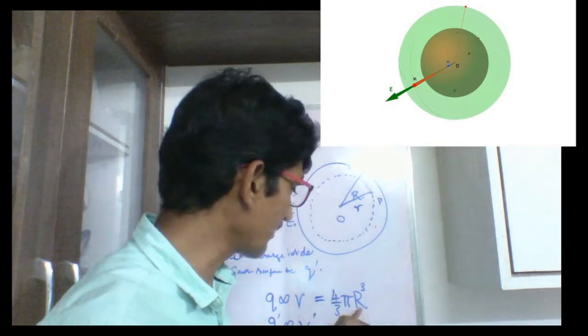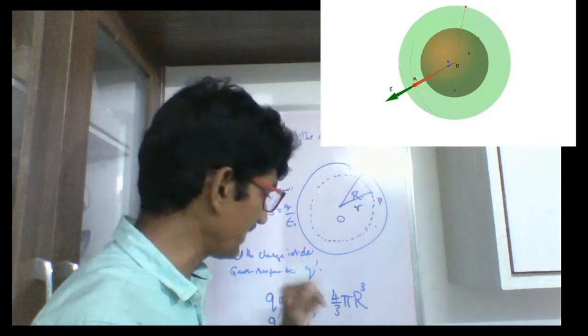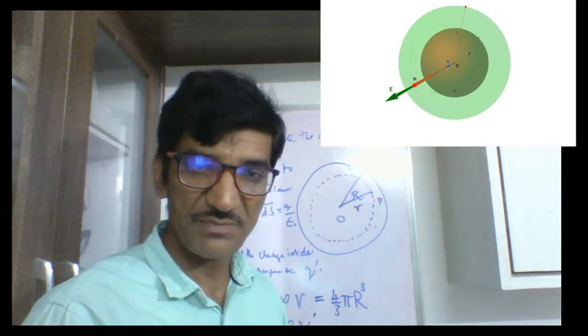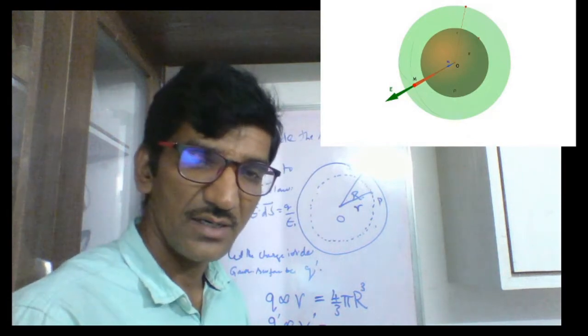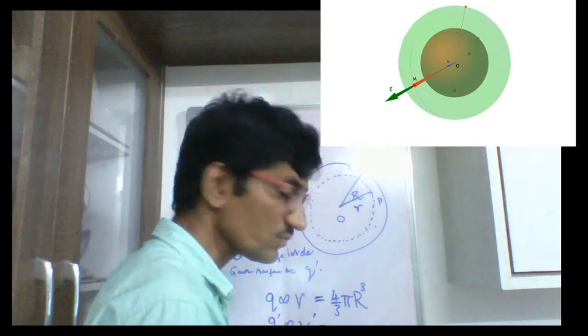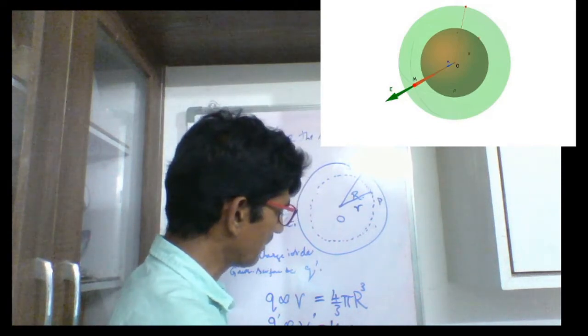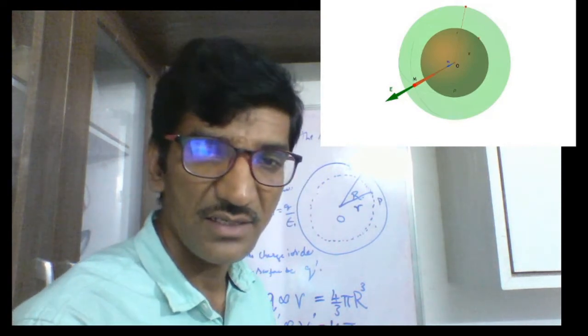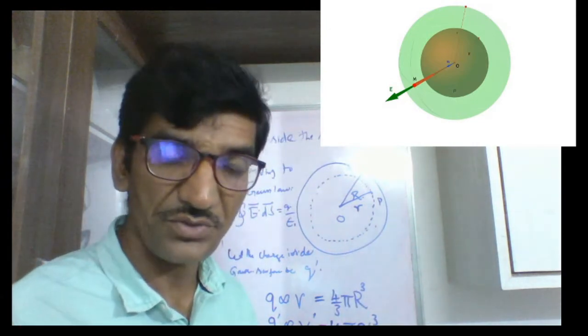I am writing capital R because this Q refers to the original sphere. Now for the Gaussian sphere, the volume is 4 by 3 pi, with radius small r, so you have small r cube.